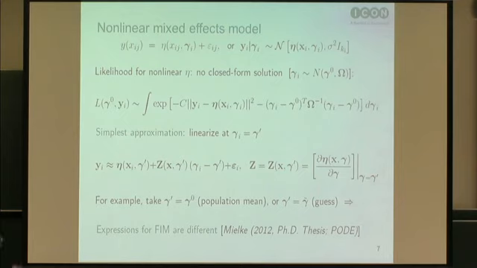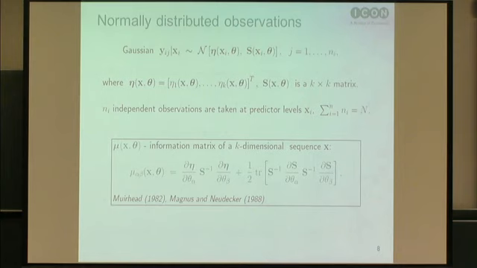So for the nonlinear mixed effect model, we don't have a closed form expression. We have to do approximation. Let's think for a second that we have normal distribution. So what happens if we had Gaussian distribution of our random effects? It turns out, in this case, there is a closed form formula for the Fisher information matrix.